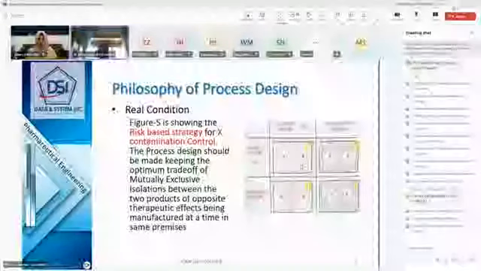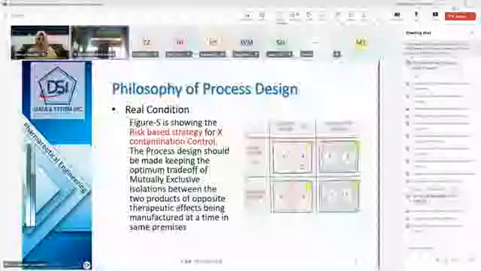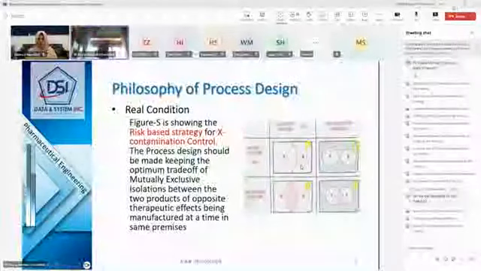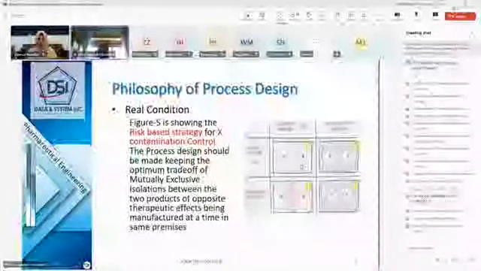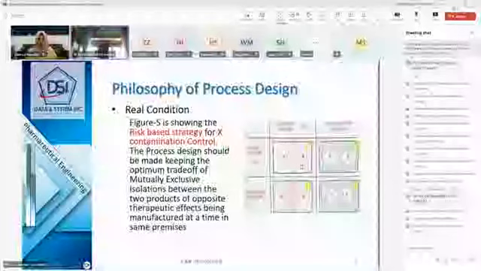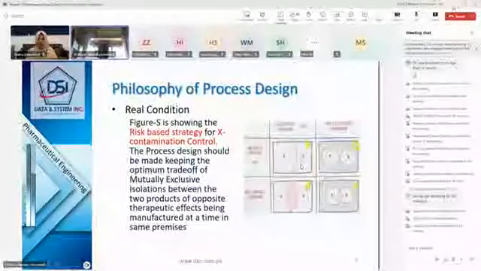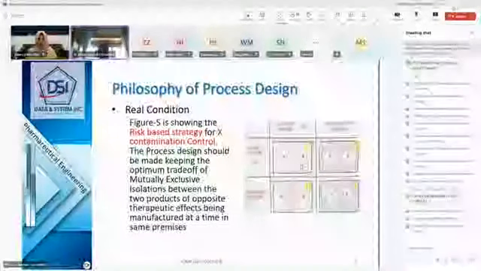Scale-up challenge. After completing the R&D, when you are going to the commercial manufacturing of your product, there are two very important things: repeatability and reproducibility. Repeatability is something pertaining to the processes, and reproducibility is something pertaining to the product.